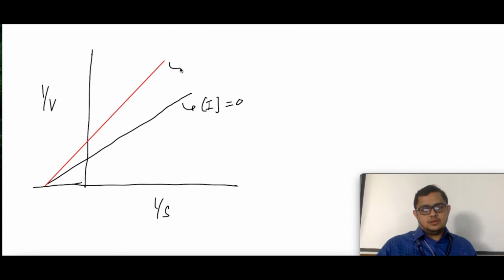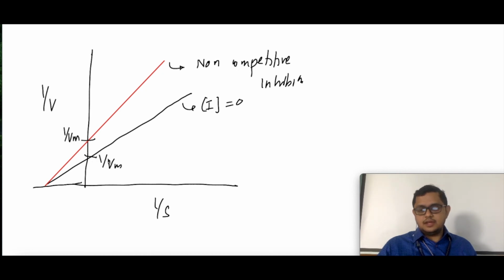So this is a non-competitive inhibitor, because this is a 1 by Vm for this, and this is a 1 by Vm for this. So there is a decrease in Vm whenever there is a non-competitive inhibitor, whereas this point is minus 1 by Km, which is not changing.